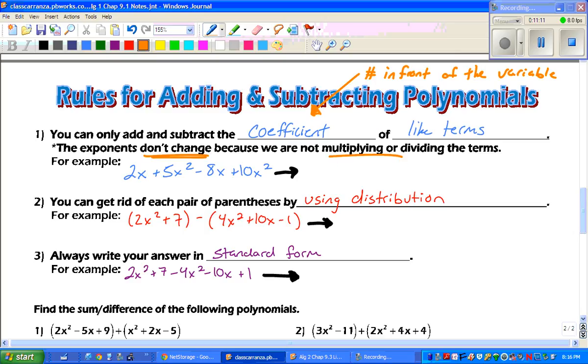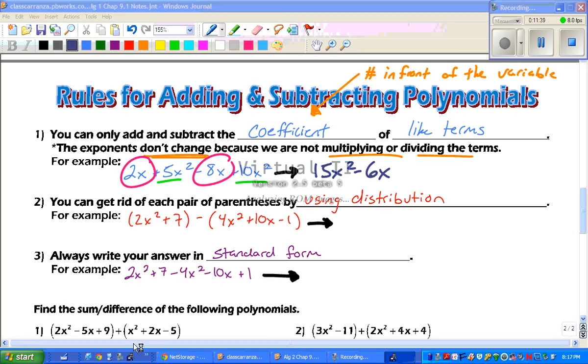We are not multiplying or dividing the terms. So in our example right here, I would find the like terms and combine them. Well, that gives us 15x squared. And now my other like terms right here, that would give us negative 6x, because all you're doing is you combine the coefficients.